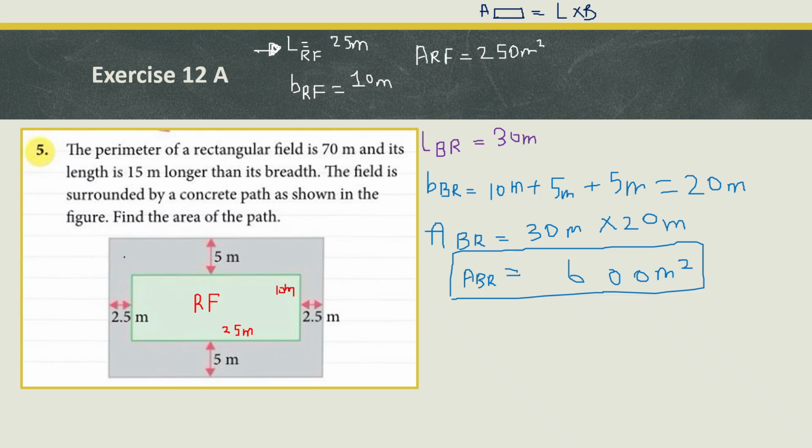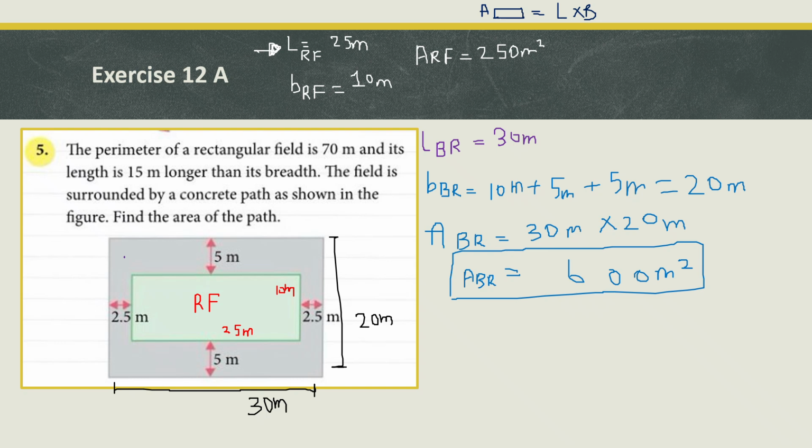This is 10 meter, this is 25 meter. So in this way, this one would be 20 meter and this one would be 30 meter, right? So area of big rectangle is 600 meter square and area of the inner rectangular field is 250 meter square.